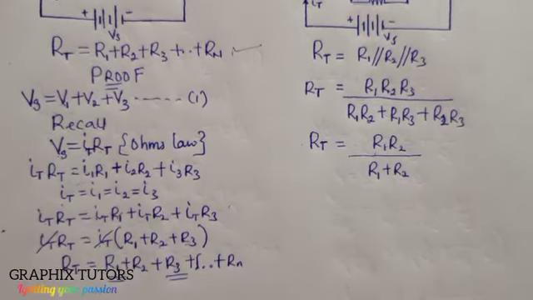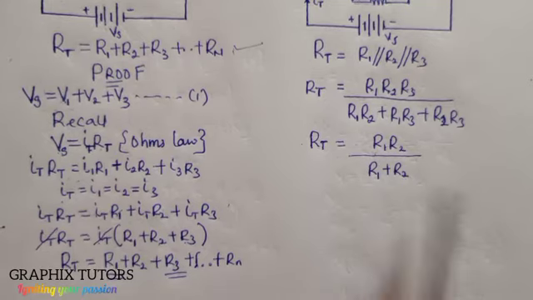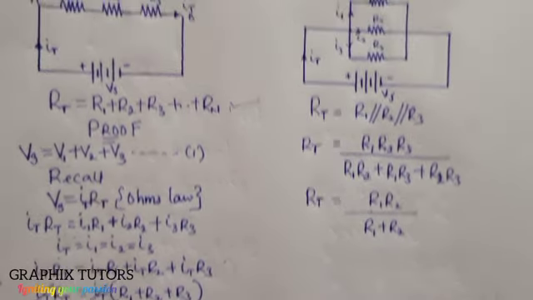Whenever you are told to calculate the total resistance of a circuit and you find out that the resistors are in line, arranged on a straight line, that means they are in series, and you are going to add everything together. Now, in terms of parallel connection, let's take that and see.